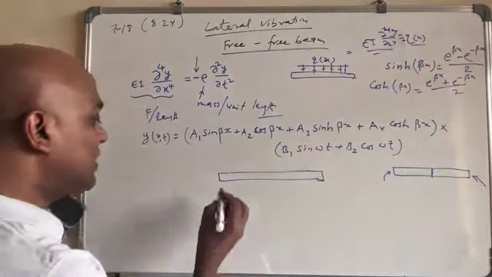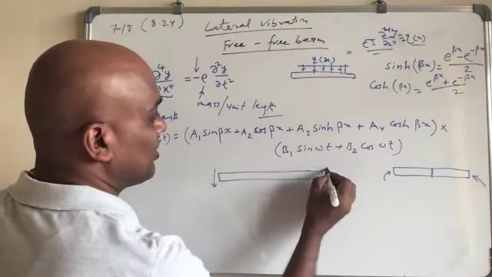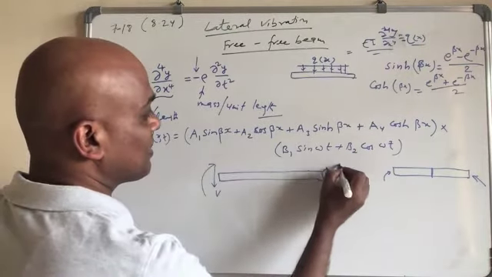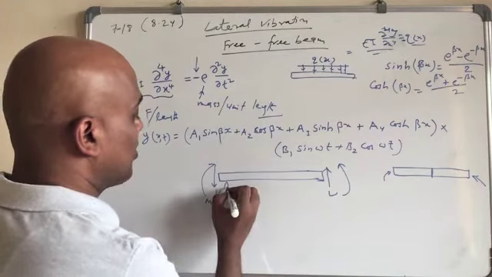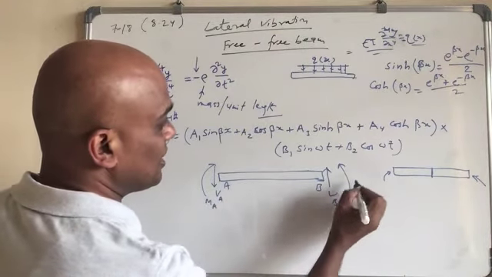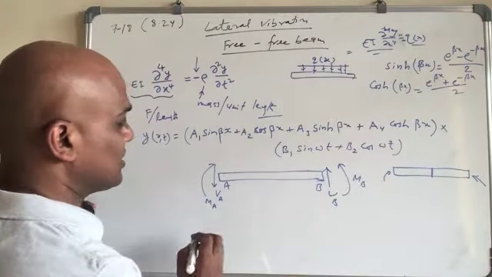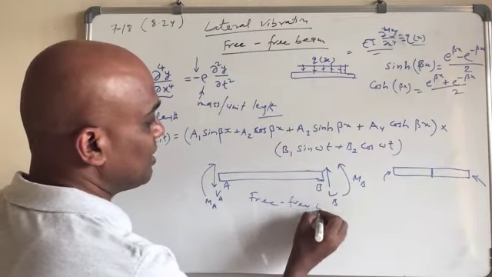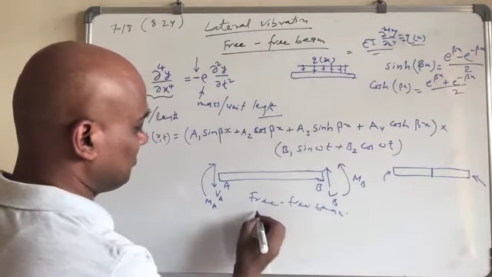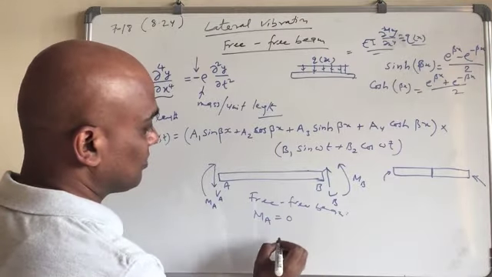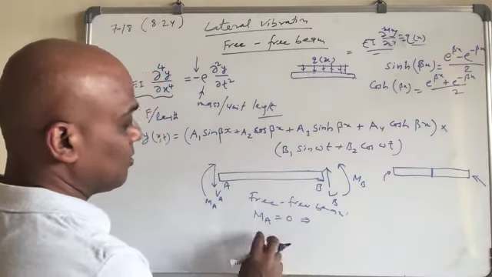The one thing is V, and the second thing is M. So at the two ends A and B, VA and MA, VB and MB are all 0. Free condition, free beam, means that the bending moment at point A is 0. What is the meaning of that?